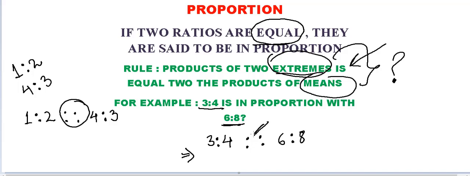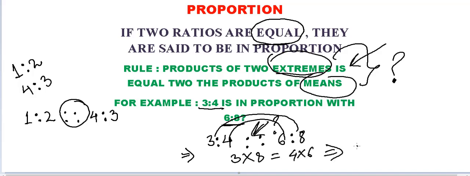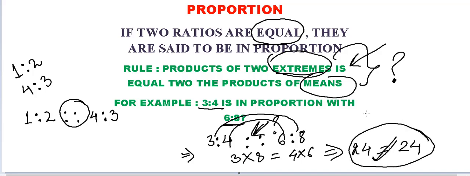I have to check this proportionality, right? I will take the product of the two extremes, that is 3 times 8, and the product of the two means, that is 4 times 6. It comes out to be 24 and 24, which is equal. So these two ratios are in proportion.